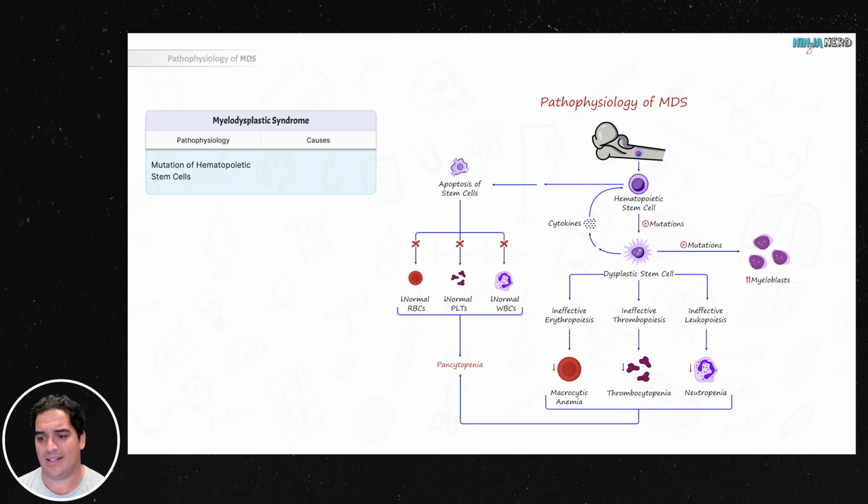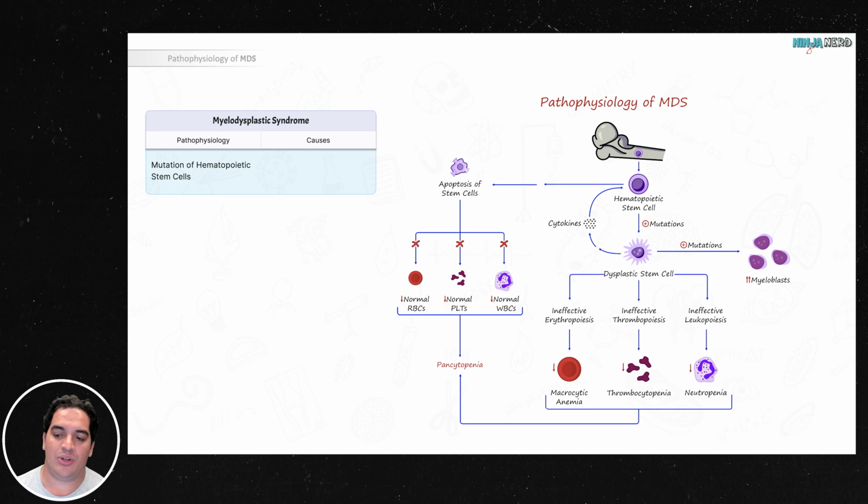Another thing about these dysplastic stem cells is that not only can they kill normal stem cells and make less effective red cells, white cells, and platelets, but they can also further mutate. If they mutate enough, they can convert into what are called myeloblasts. These get locked into a myeloblast stage where they keep proliferating without further differentiating.